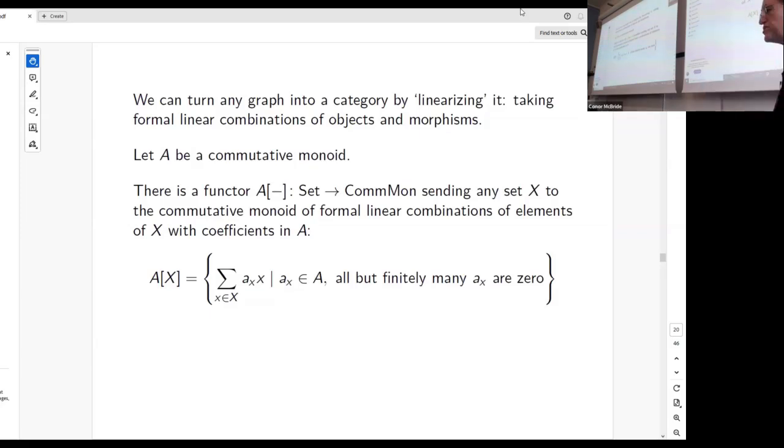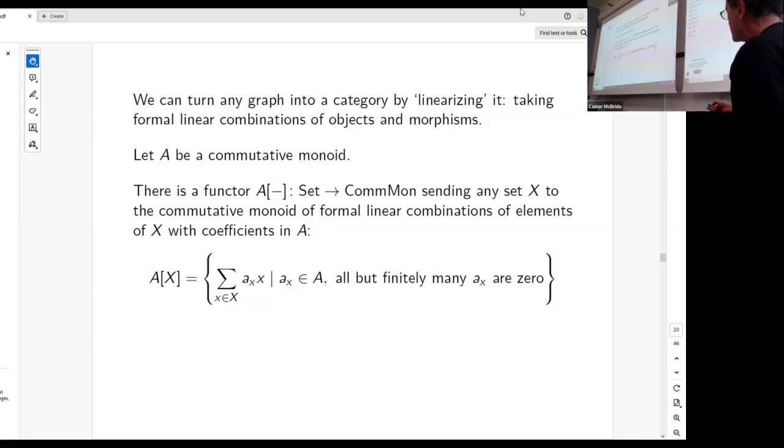If you ask mathematicians what formal means, basically, don't ask me what it means. It's just symbols on the page. So we don't know a priori what we mean by taking elements of a set and multiplying them by elements of a commutative monoid and then adding them up.